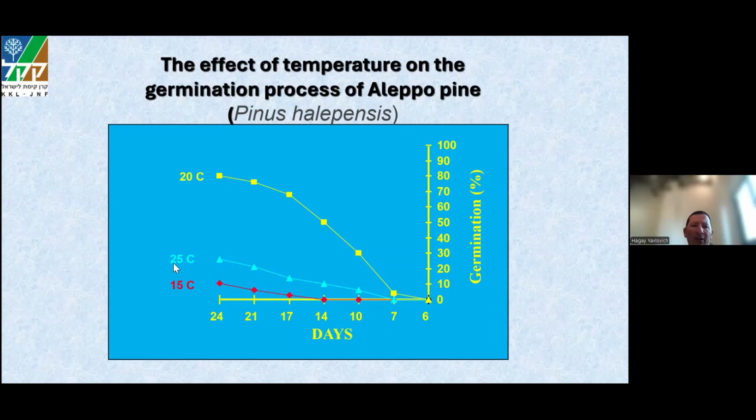And at 25 degrees, it's also very low. But with only 5 degrees of difference, at 20 degrees, the germination percentage goes up to close to 80%.